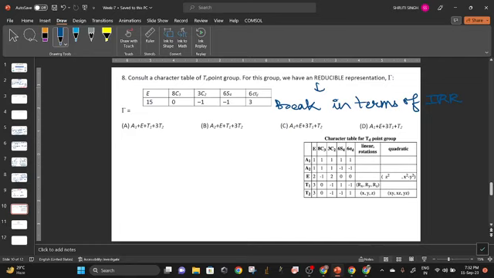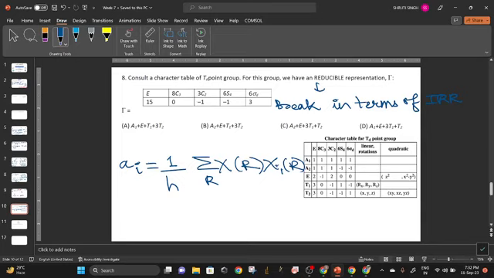You can see now the formula for this. Ai, the contribution of the ith irreducible representation, is given by 1 over h, the order of the point group, times the summation over r of chi r, the character under the reducible representation of this symmetry point group, times chi ir, the character under the irreducible representation, which means these characters.